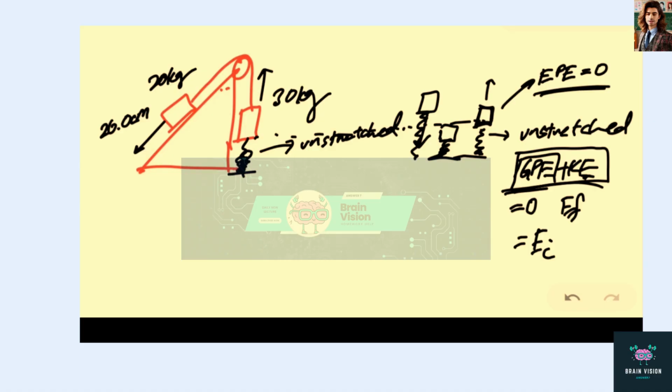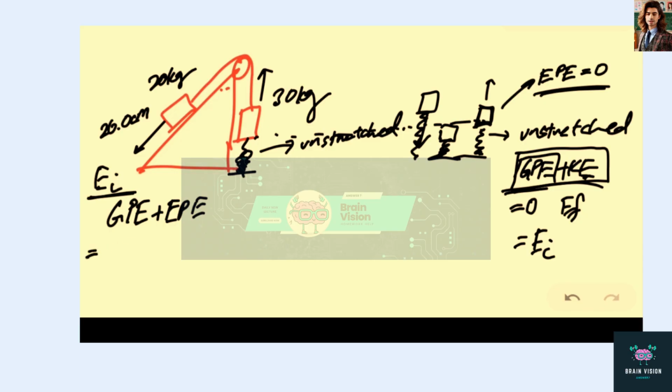At this initial stage, we have to find the gravitational potential energy as well as the elastic potential energy. What is the gravitational potential energy?